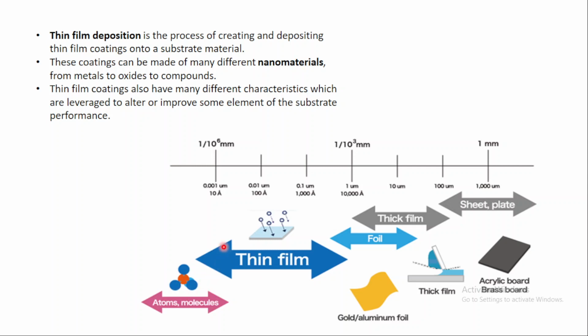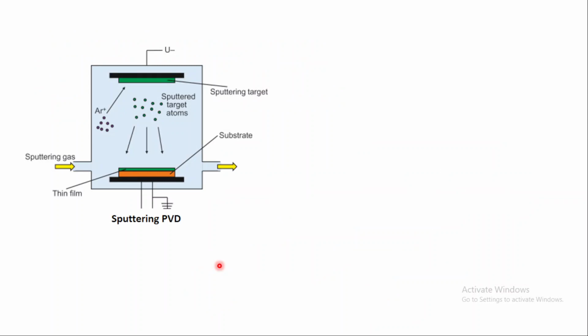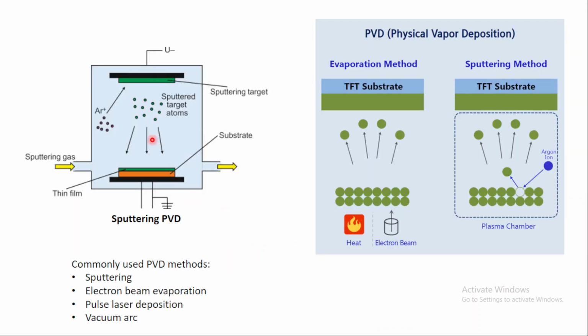That's what we discussed, because thin film ranges from 10 angstrom to 1000 angstrom. So it's at the atomic level. It's one to a few atoms thick. The answer would not be plasma because in the PVD deposition method, plasma is an intermediate state through which this deposition happens.